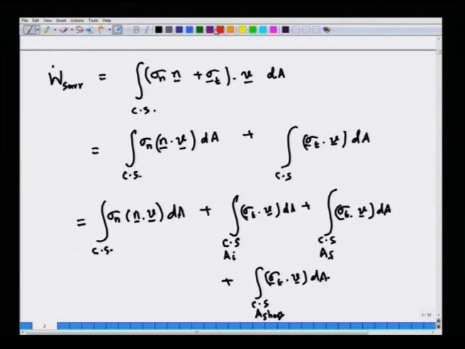Now, if you look at the internal areas, the velocity at solid surfaces of the control surface is 0. So, this contribution is 0.